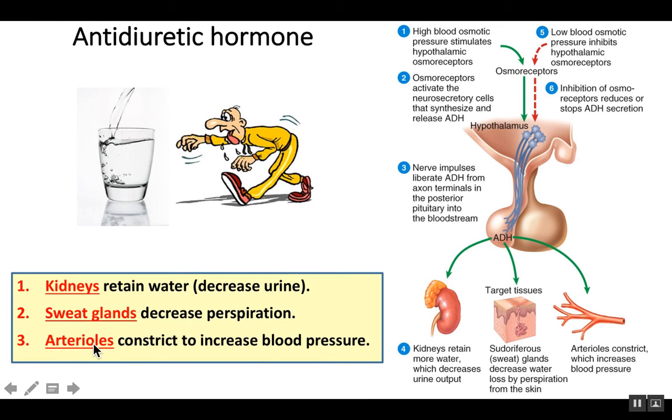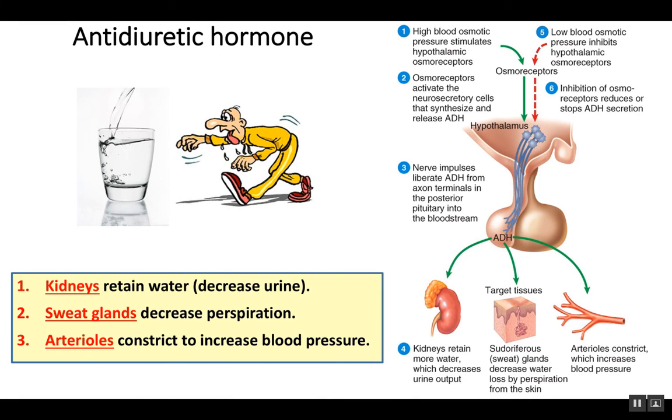Arterioles are small arteries that can have a dramatic impact on blood pressure. When we are extremely dehydrated, blood pressure will tend to drop dangerously low. In order to keep that blood pressure up, arteries or arterioles will constrict. Constriction means they decrease their diameter. What this constriction does is increase blood pressure.